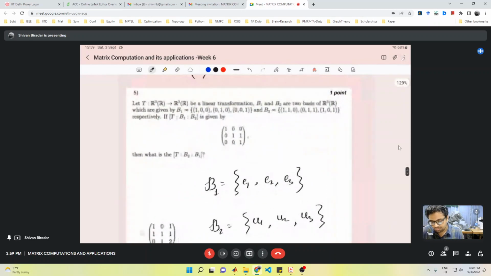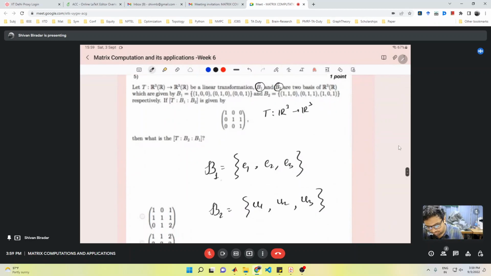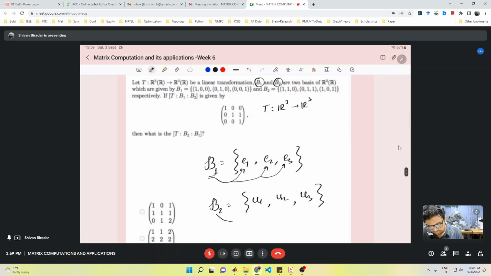So now let us move on to the fifth question. Here we have a transformation T from R3 to R3, and you have been given two bases, B1 and B2. B1 is given as E1, E2, and E3, whereas B2 is another basis set which is given by U1, U2, and U3.